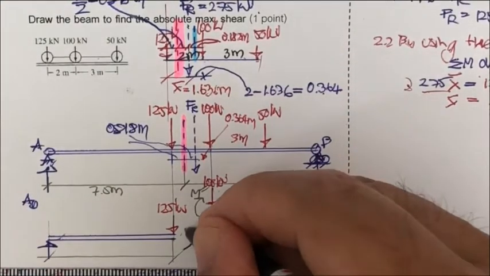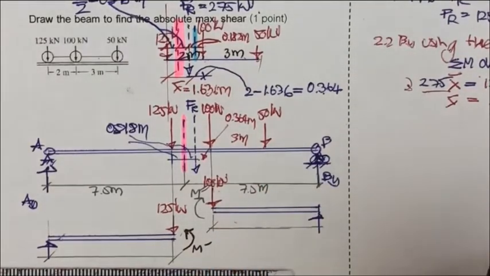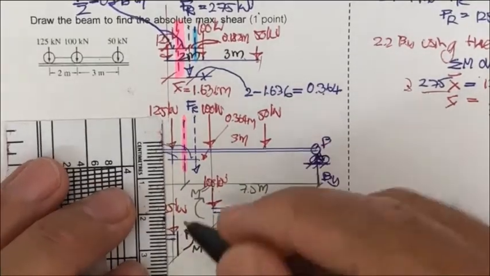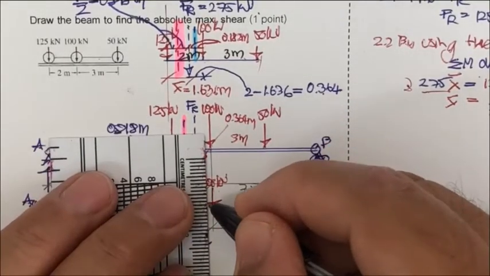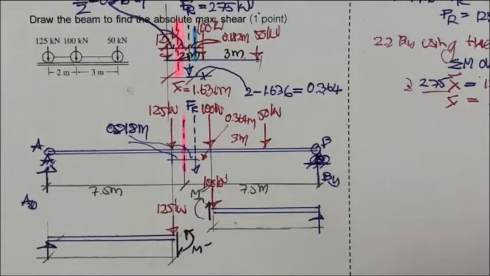This one is going to be the M double prime. Don't forget, we also have the shear, and most of the time we leave it out without drawing it, because it messes up the diagram. But showing it here is really nice.